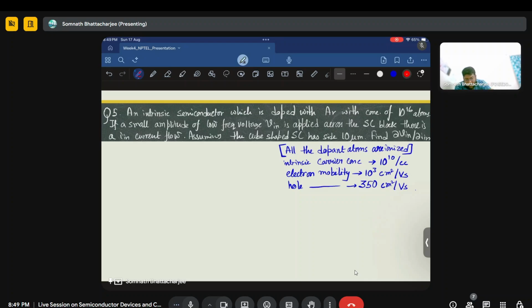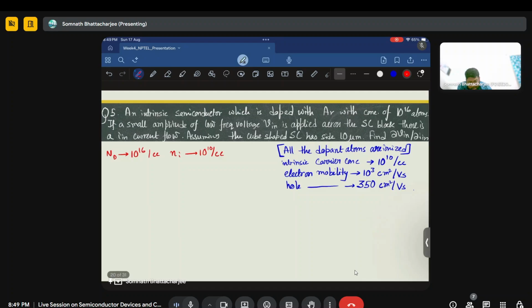So if we are writing it down, we have got Nd as 10 to the power 16 per cc. We have Ni as 10 to the power of 10 per cc, and we have the mobilities, this is mu n and this is mu p, and all the dopant atoms are ionized as well.